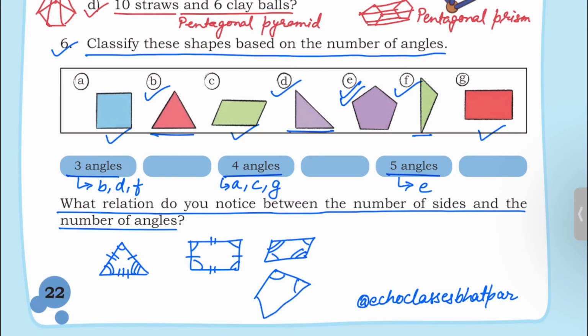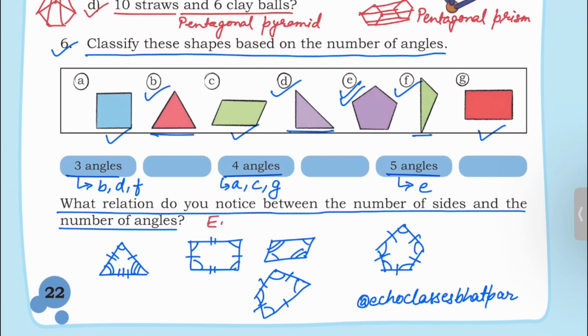Similarly, if you see a pentagon, it has 5 sides and 5 angles. That means for any 2D shape, the number of sides is equal to the number of angles.